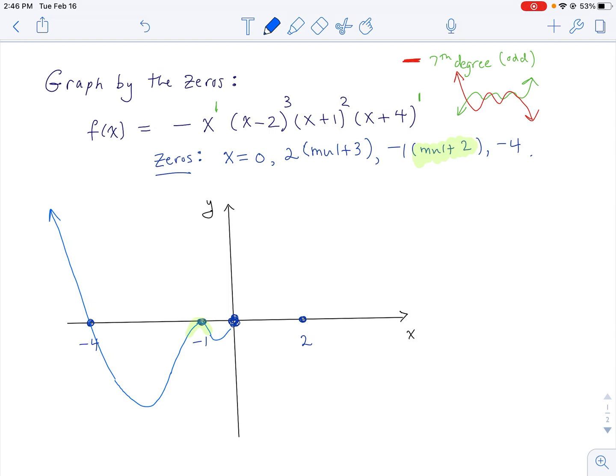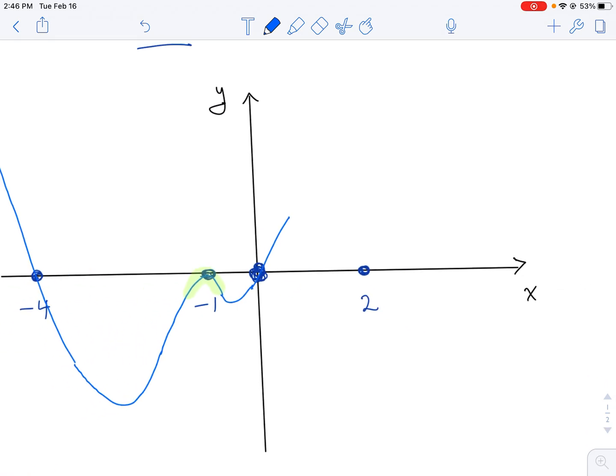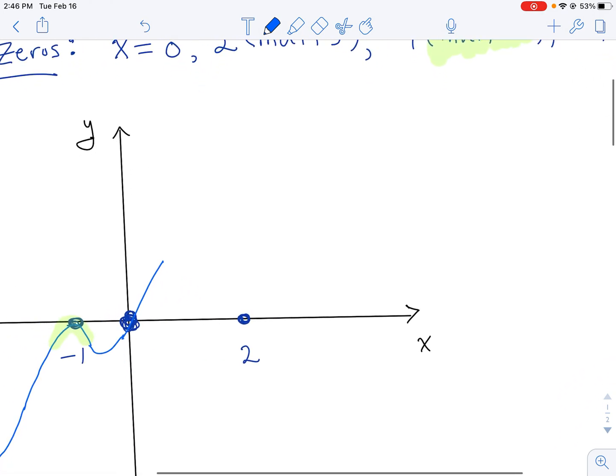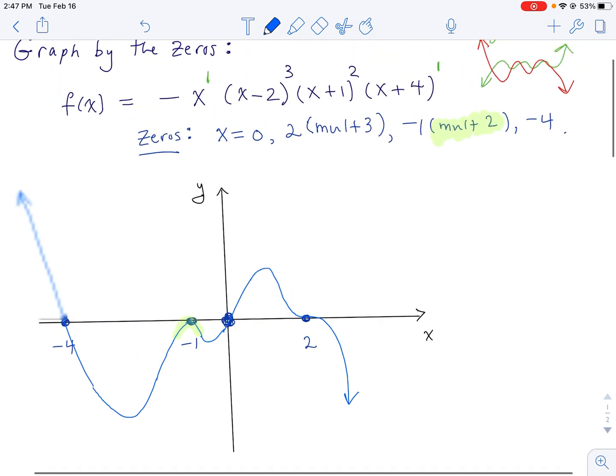So I have another relative minimum, and I'm going to hit 0. It's multiplicity 1 there, so it goes straight through, right? It doesn't do any wiggling. It's not the greatest picture of mine, but it goes straight through. And then I have to quickly turn around again to get to 2, so I have to have a maximum. Now here it's multiplicity 3, which looks like a horizontal inflection point, which is that shape right there.